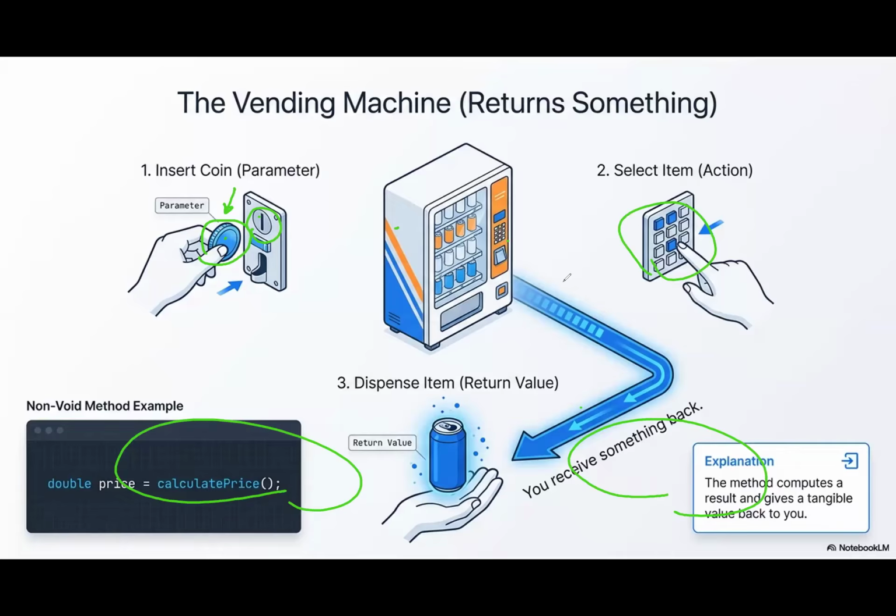So this kind of method is called a non-void method. Why? Because I give it something and it returns something back to me. What does it return? It returned a drink in this case.